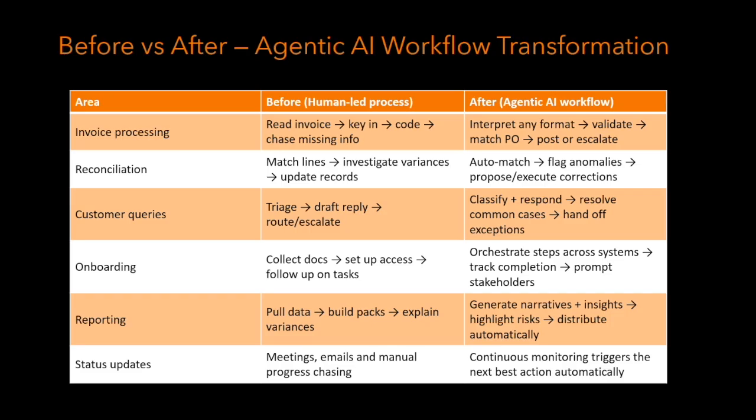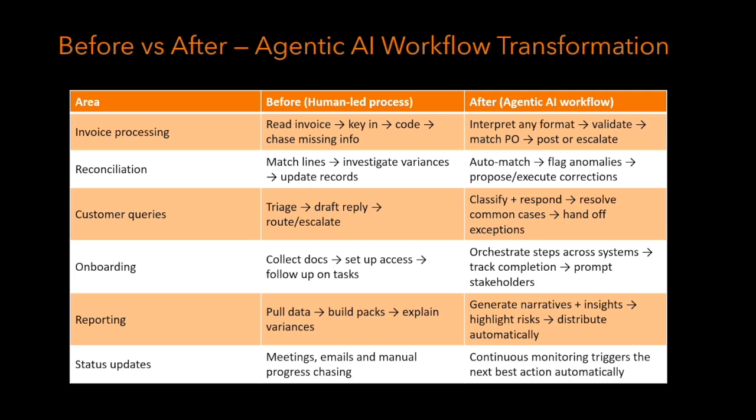Here you can get a more tangible idea of how agentic AI is going to transform the workplace. We can see a table. In the first column, we've got the areas that could be affected. In the second column, we've got the processes as they might be today, with the humans performing these processes.